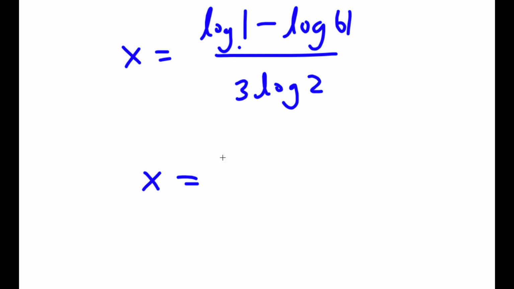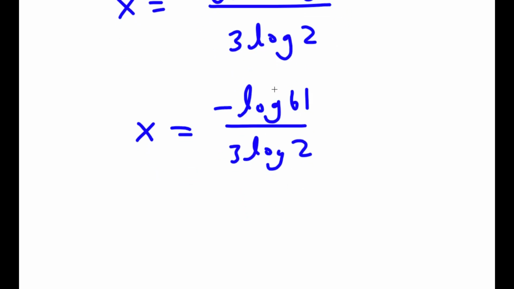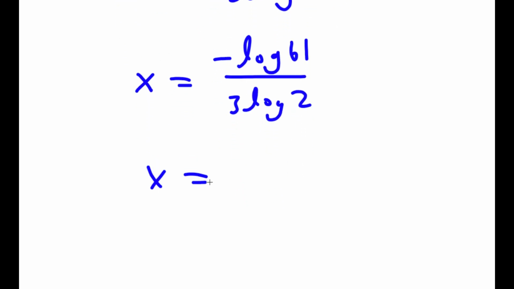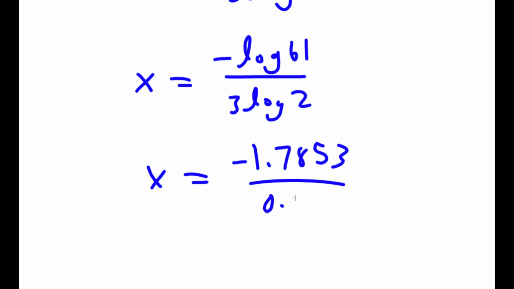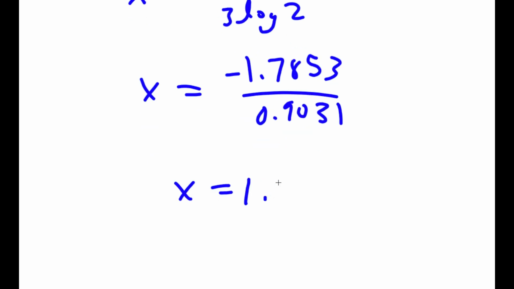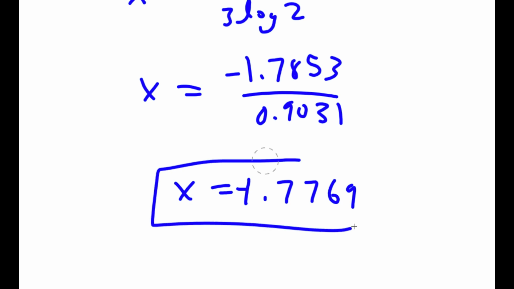So now I have x is equal to negative log 61 over 3 times log 2. So negative log 61, well, log 61 is 1.7853, so this is negative 1.7853 over 0.9031, which is equal to negative 1.7769.